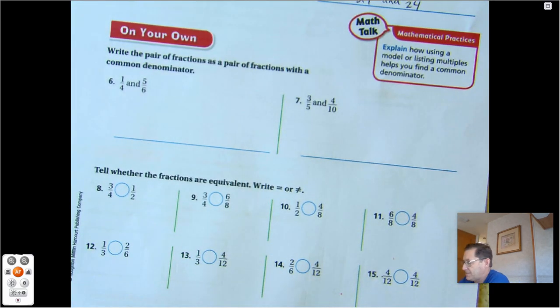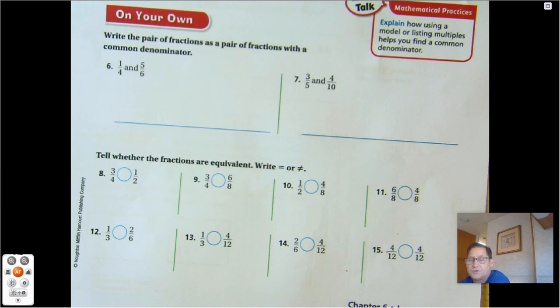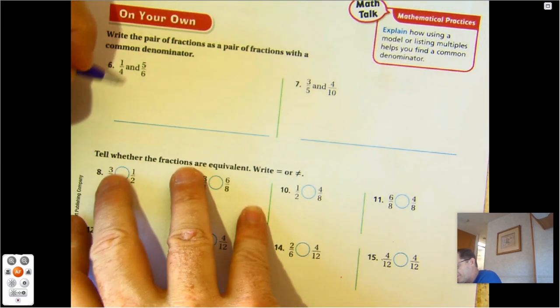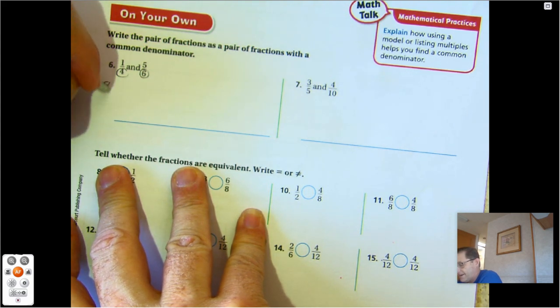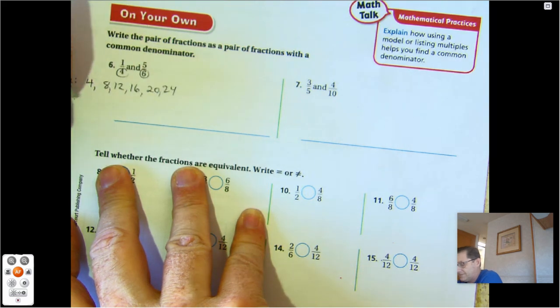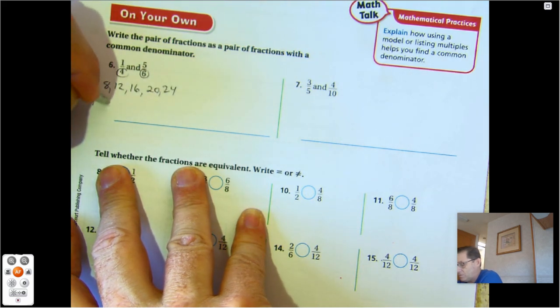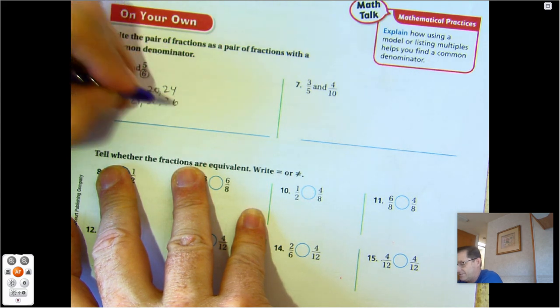Okay, number 6. Write a pair of fractions as a pair of fractions with a common denominator. Okay, again, at this point, you should really be able to do these on your own. So 1/4 and 5/6. 4, 8, 12, 16, 20, 24. 6, 12, 18, 24, 30, 36.